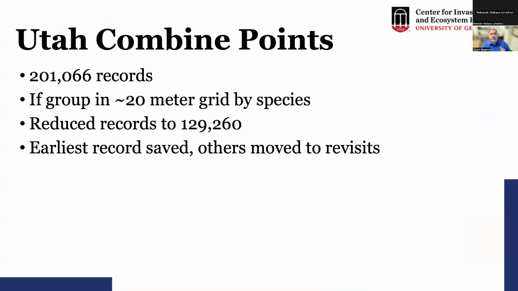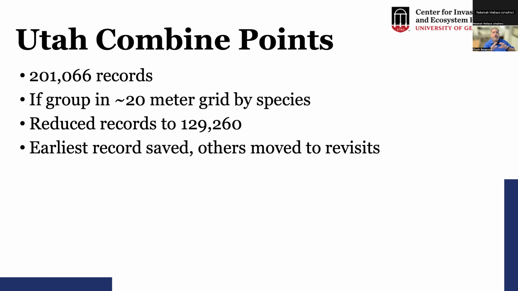So we said, okay, let's think about this and figure out a way to make this easier, where we can combine the data and not lose any data. If any record is within this 20-meter grid, let's make the oldest one the original record, and make all of the ones after that in that grid revisits of that original record.